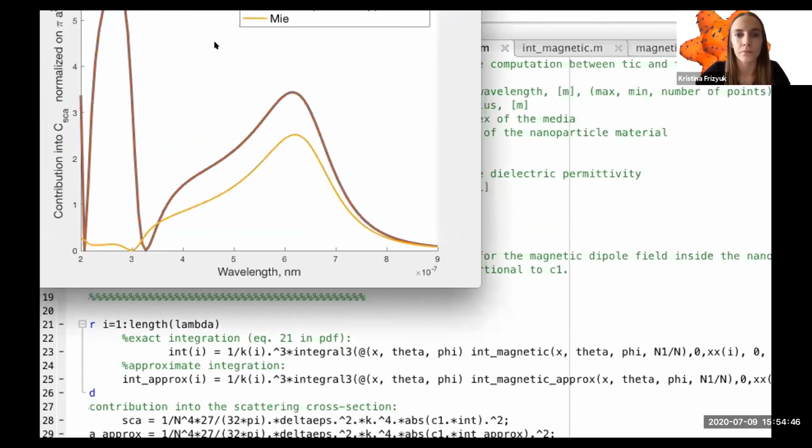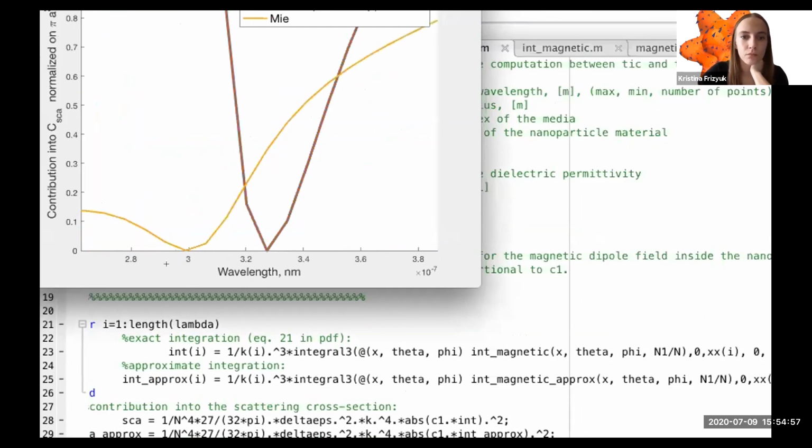And here we have this picture, and I don't think that there is a mistake because here you can find an anapole for approximate and exact formula.